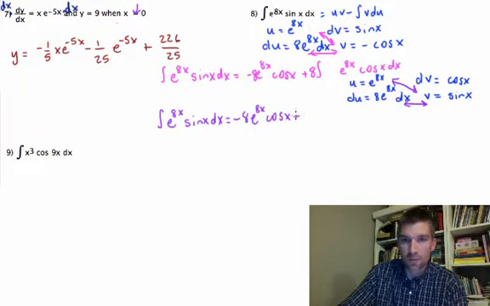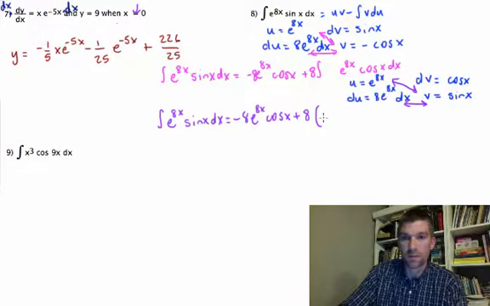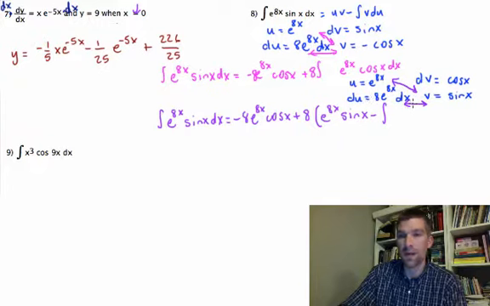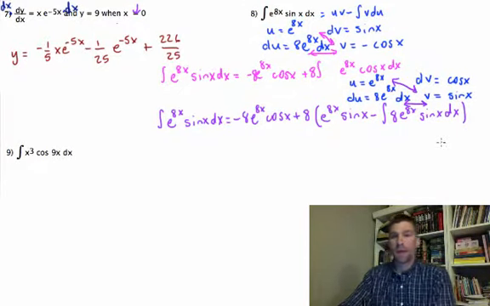So I'm going to be plus 8 times now this whole integral, which is going to be u times v minus the integral of v du, and it looks like this.